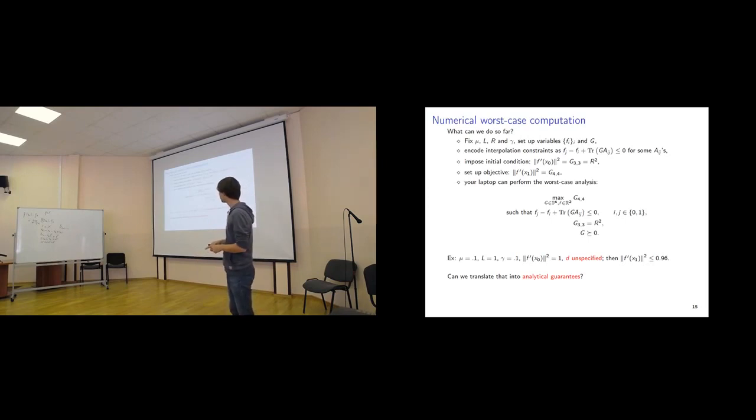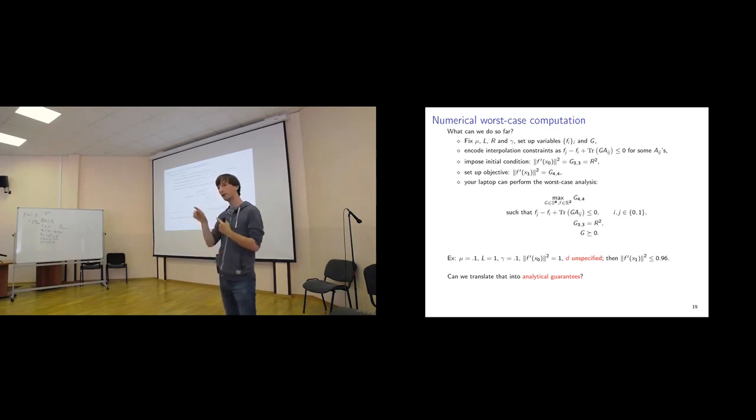The solvers that actually solve that kind of problem usually rely on interior-point methods. In particular, you can use a primal-dual interior-point method in order to solve that. The nice thing is that you will at the same time recover a primal solution, which corresponds to a discrete version of the worst case problem, so the worst possible problem instances.